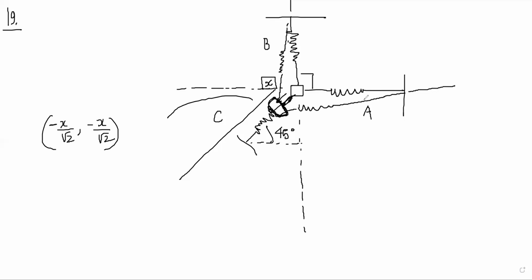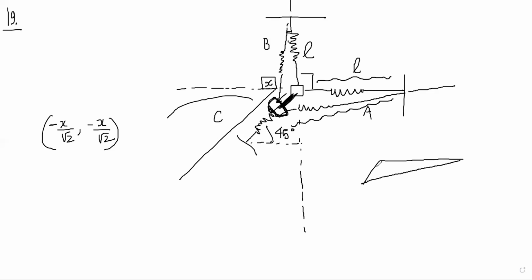So if I can find the extension, the difference between this length and this length, then I will be done. I know this length of side, this is x, and I know this was natural length L earlier. So I have a triangle like this.